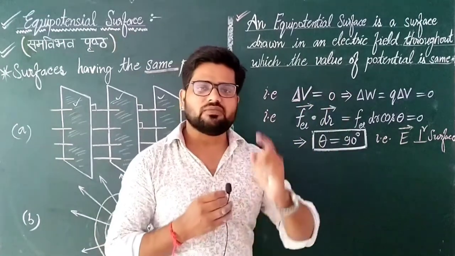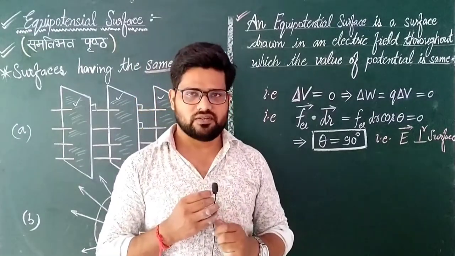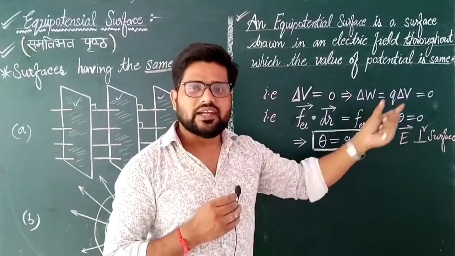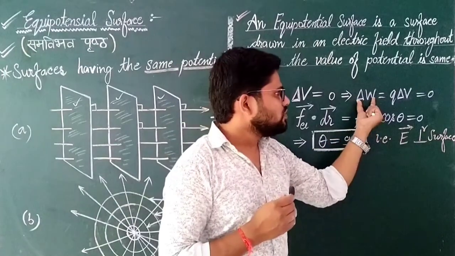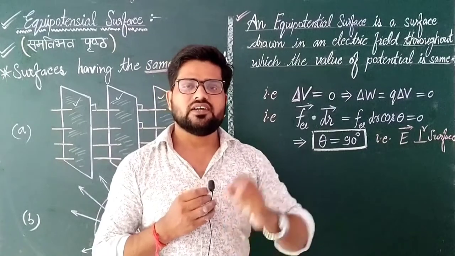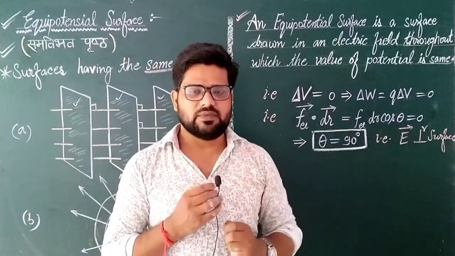And you know the meaning of the potential or potential difference is basically a type of work, right? So that's why the work done by the agent, either internal or external, should be zero, that is delta W equals zero. And you know from mathematics that work is the dot product of the force and the displacement.